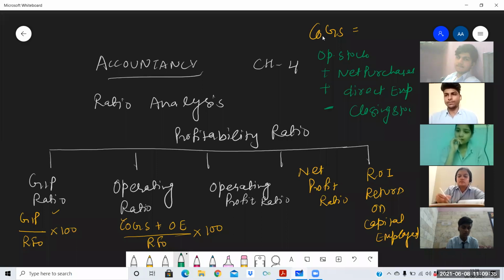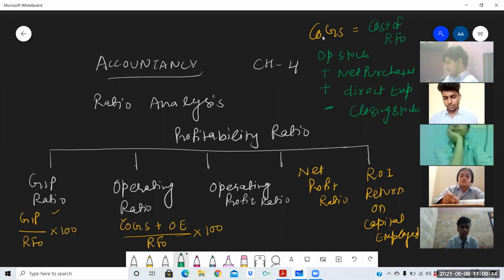And what is the alternate name of COGS? That is cost of RFO, cost of revenue from operations. So all these things we have already done, these two ratios. This was just a recapitulation of the previously done topic.